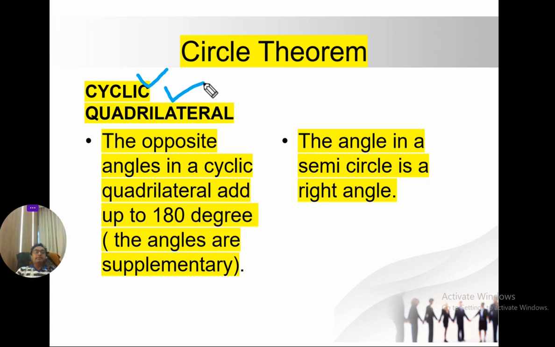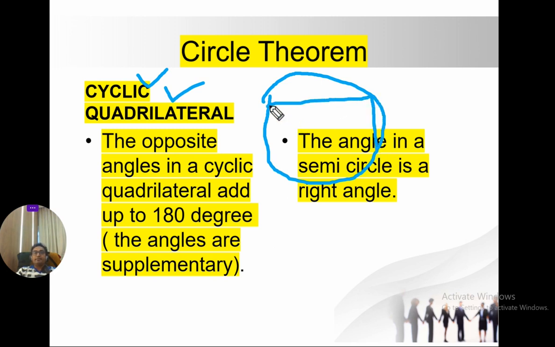Now what is cyclic? Quadrilateral means four sides are there, and that being the case, four vertices are there. So if all the four vertices are lying on the circumference, that means there will be a circle here. One circle will be there, and all the four vertices lie on the circumference.